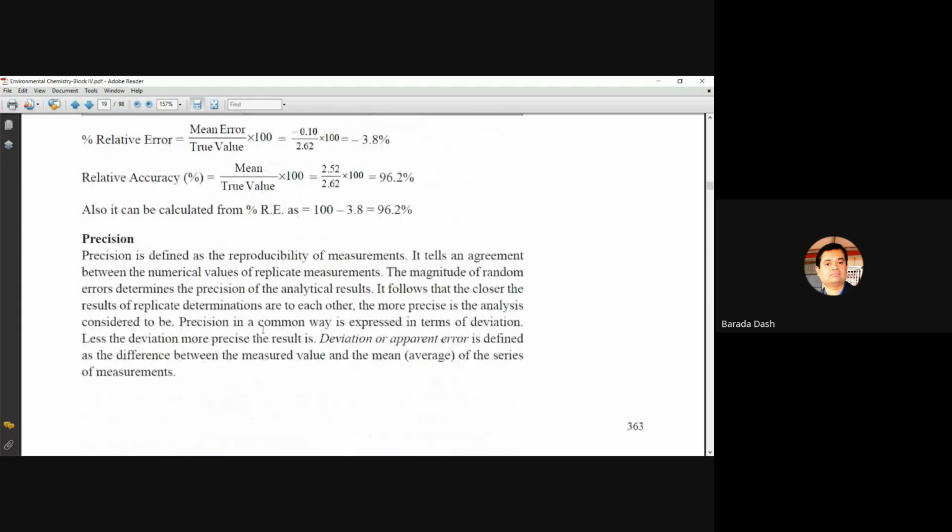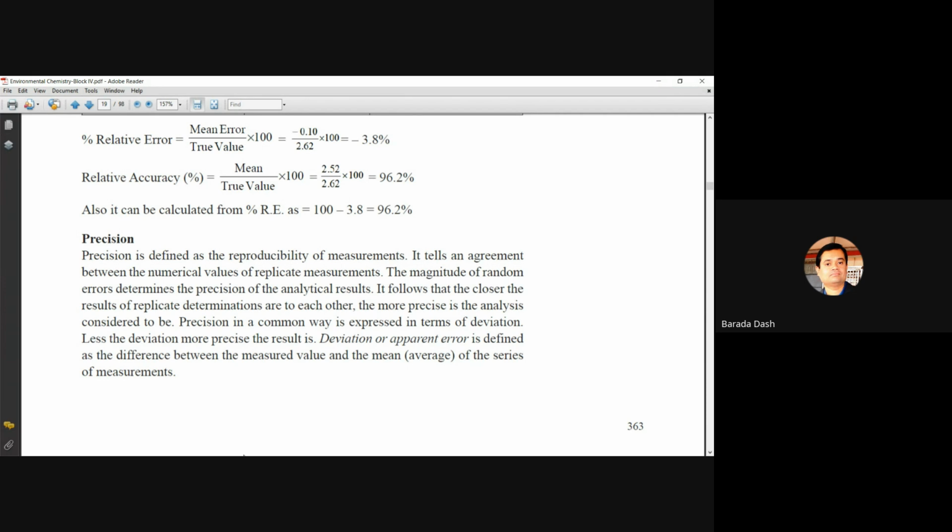And then precision. Precision is defined as the reproducibility of measurements. It tells the agreement between the numerical values of replicate measurements. The magnitude of random errors determines the precision of the analytical result. So precision is basically reproducibility. That means how reproducible your data is. If your data is precise, it is more reproducible.